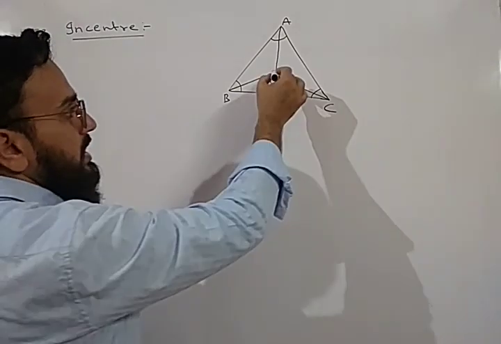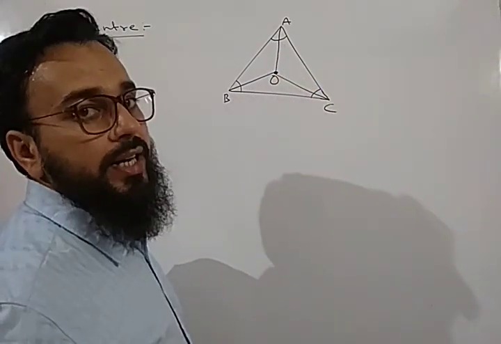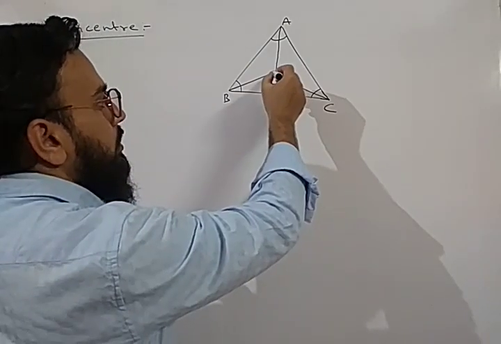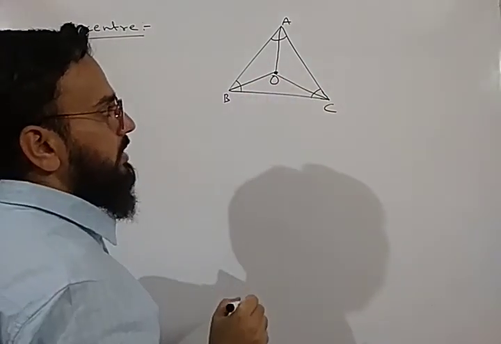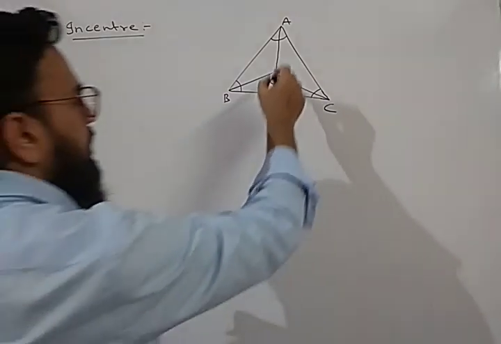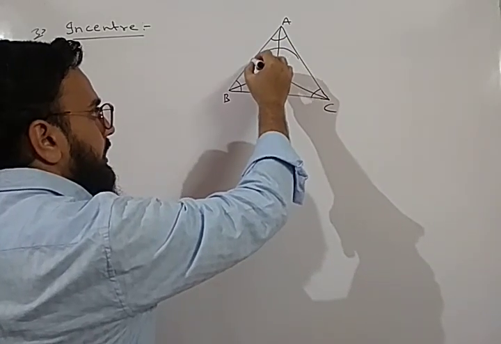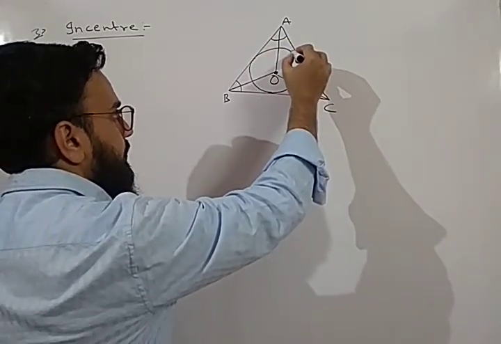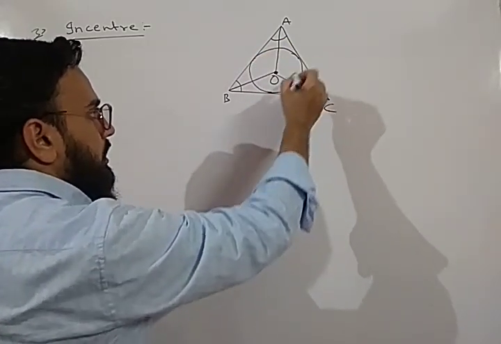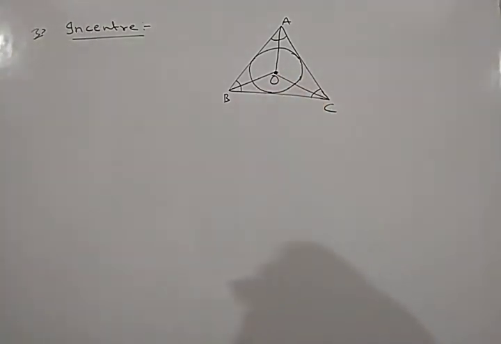Because if we take this point as a center and taking OA, OB or OC as radius, if we draw a circle from this point, then it will touch all the three sides. This circle is called in circle, and this point O is called in center.